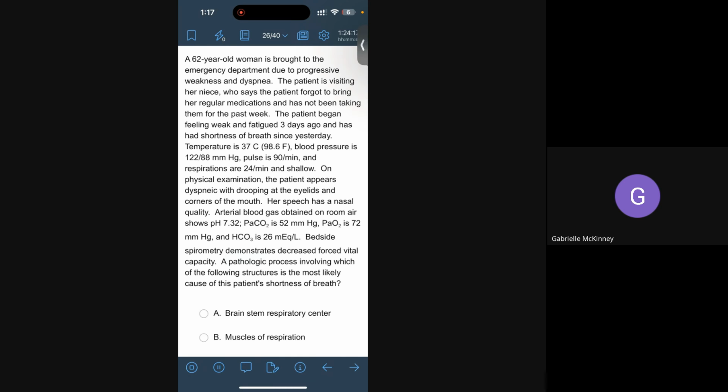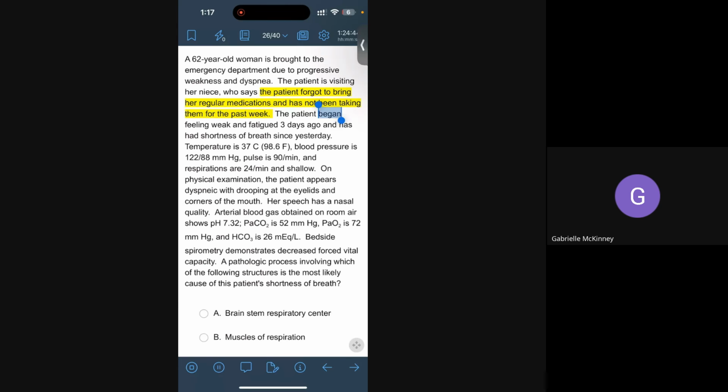Emergency department, progressive weakness and dyspnea. The patient forgot to bring her regular medications and has not been taking them for the past week. She began feeling weak and fatigued 3 days ago.